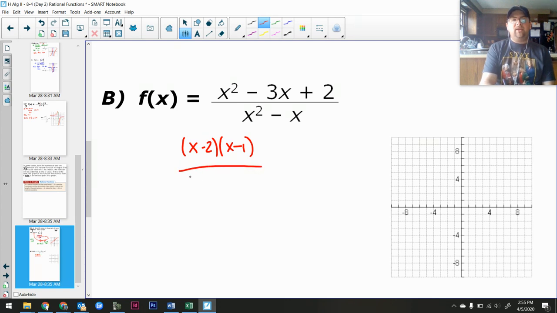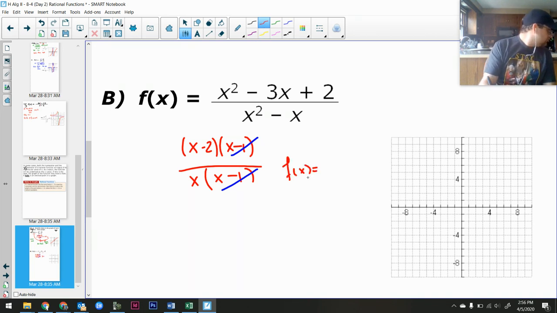And then the denominator factors down to x times x minus 1, which makes sense why I'm doing this here. That cancels. So this function acts like f of x equals x minus 2 over x. Now, what does that imply?